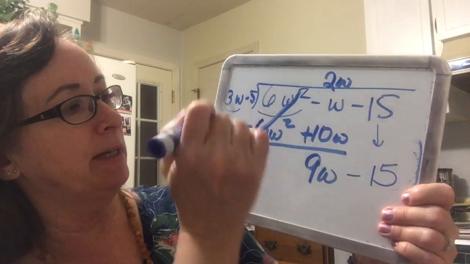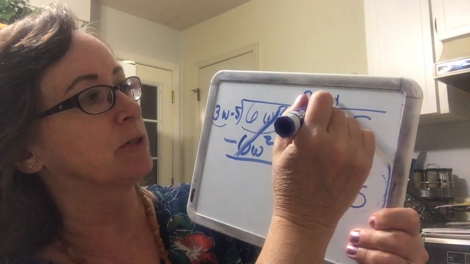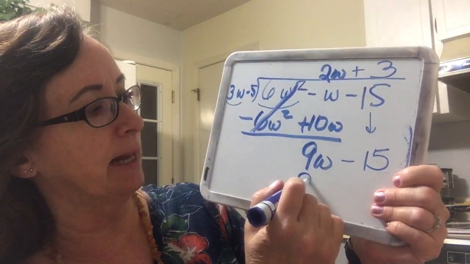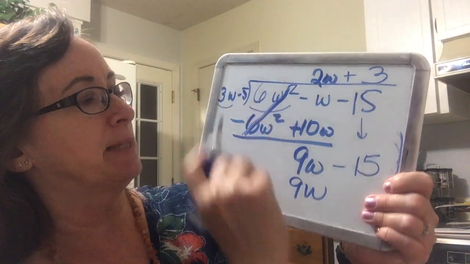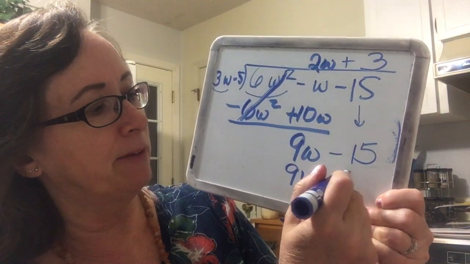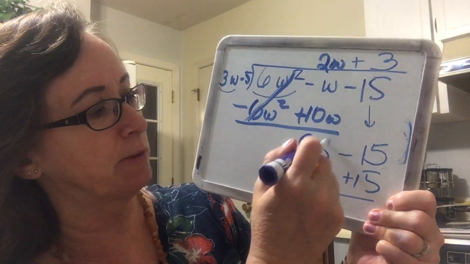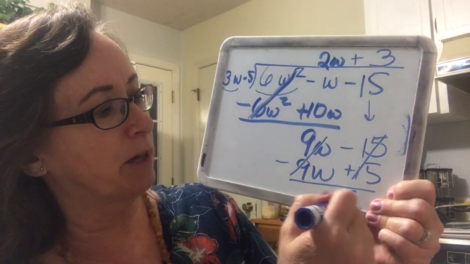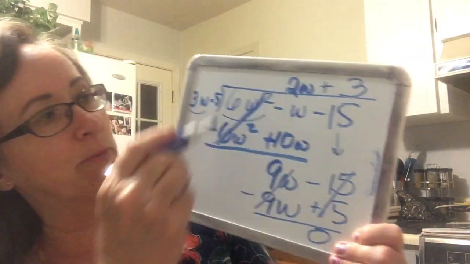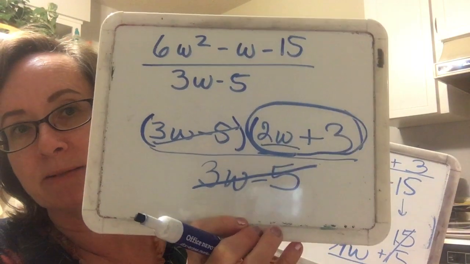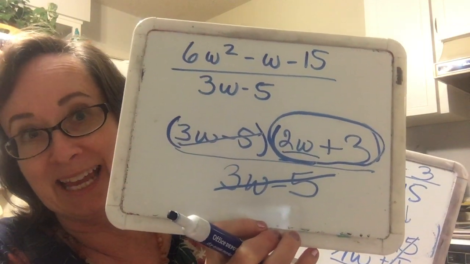So now we have a 3w into a 9w goes 3 times, and 3 times 3w is 9w, and 3 times negative 5 is negative 15, and we're subtracting, so we change both signs, and both go out evenly, and we wind up with 2w plus 3 is our quotient, which is exactly what we wound up with when we canceled.